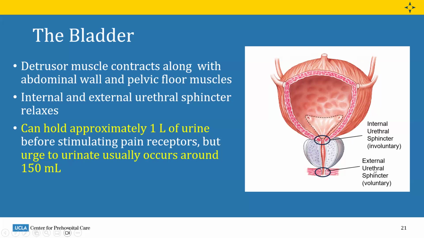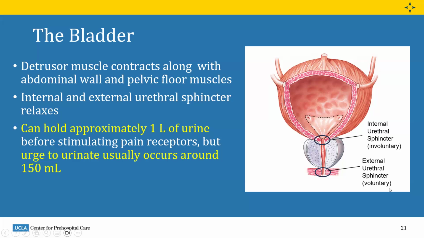We also have an external urethral sphincter, and this is a voluntary muscle. We learn how to control and squeeze that muscle when we don't want to urinate. So when you have the urge to urinate and you're not in the proper position, you might be forcing that muscle closed, right?